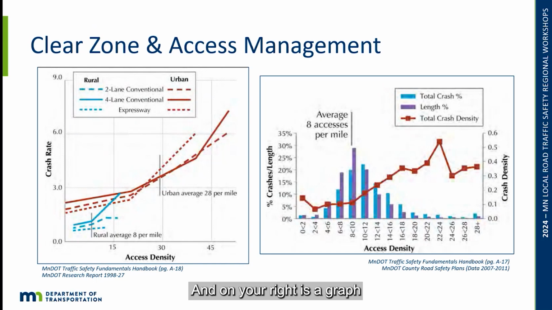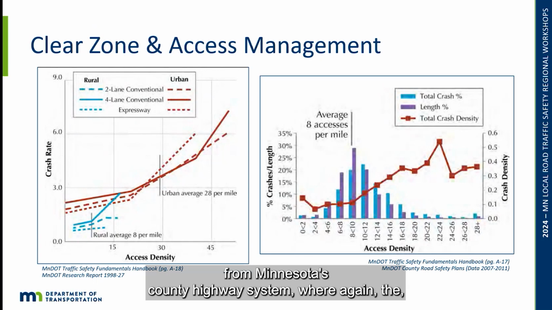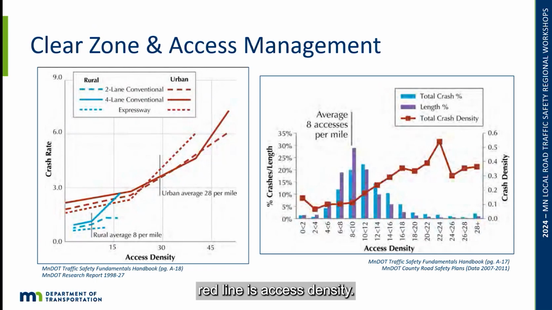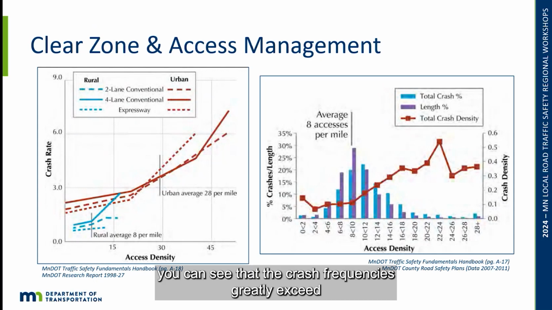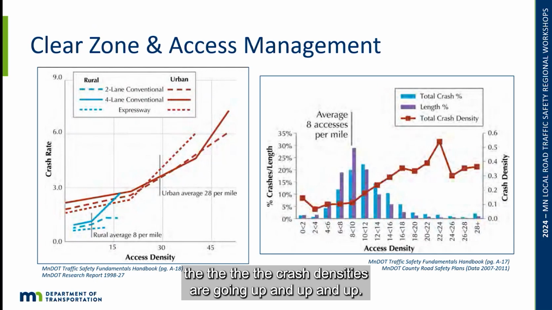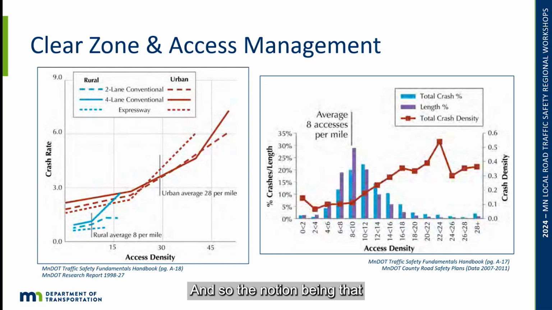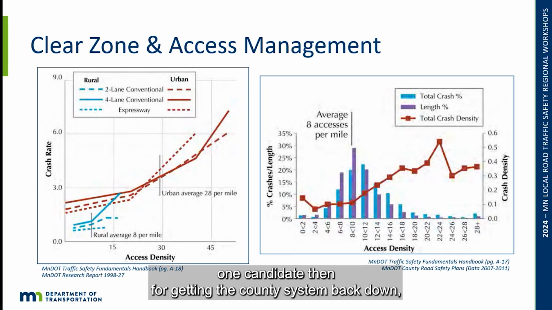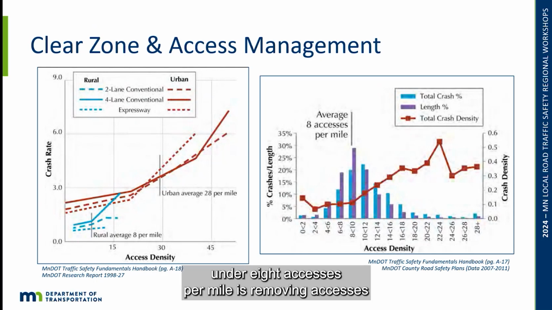And on your right is a graph from Minnesota's county highway system, where again, the red line is access density, the blue bars are crash percentages, and at 8 accesses per mile and over, you can see that the crash frequencies greatly exceed, the crash densities are going up and up and up.